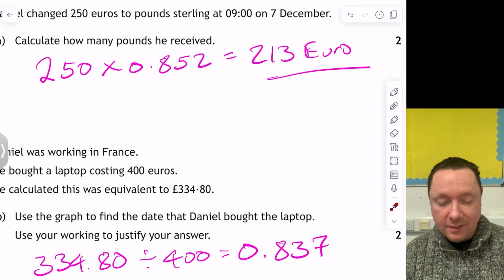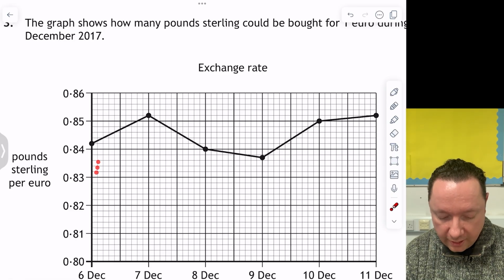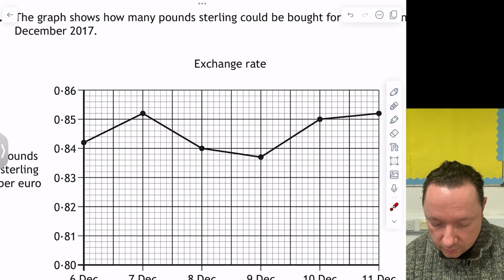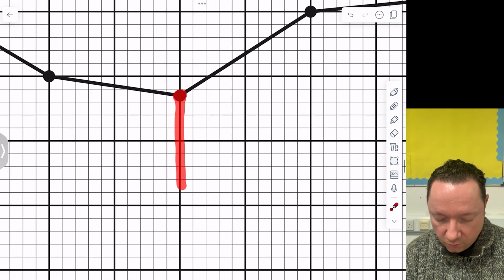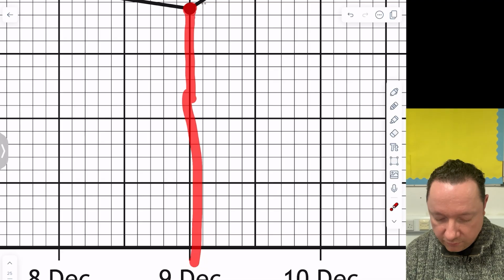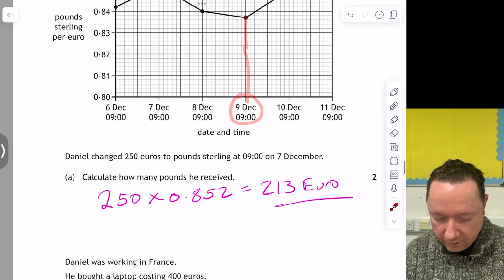So 0.837, I need to find on the graph, well, I've got 0.83, 0.832, 0.834, 0.836. So 0.837 is going to be between these two. So we can see that here, 0.837. So I can read that date off the graph, which is the 9th of December at 9 o'clock. So we can just put that down.